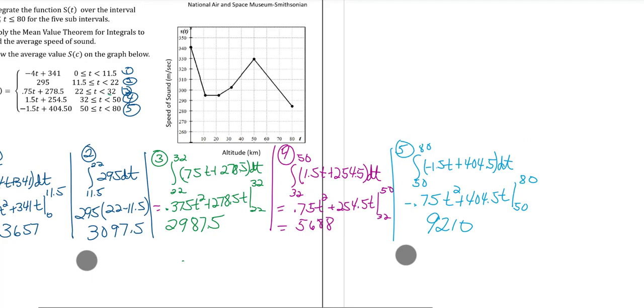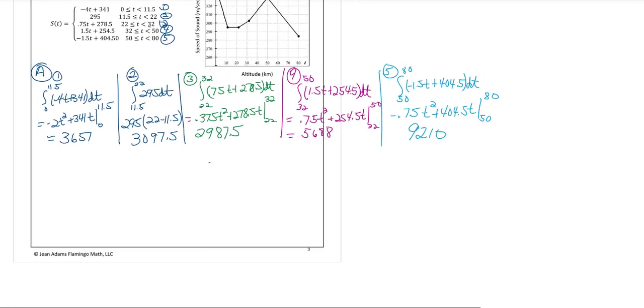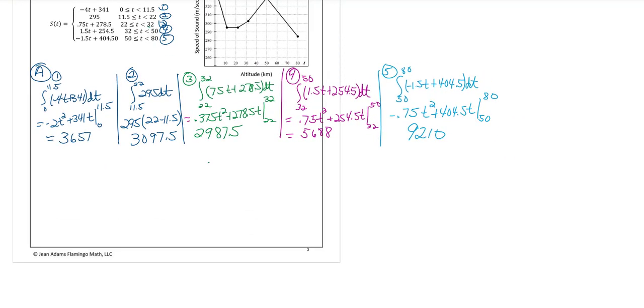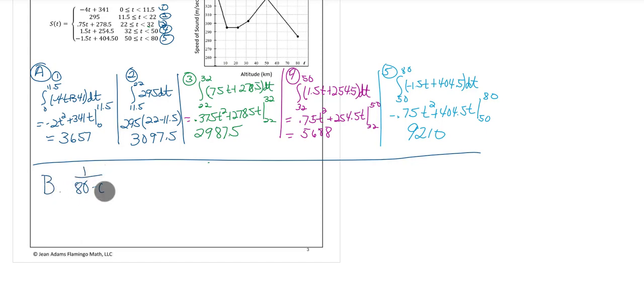Let me just zoom in a little bit here so you can see the whole thing, so you can see all those values. And then for part B, we're going to find the average value. We have the value for each one, so we're going to take 1 over 80 minus 0 and integrate from 0 to 80, the entire length of our time.